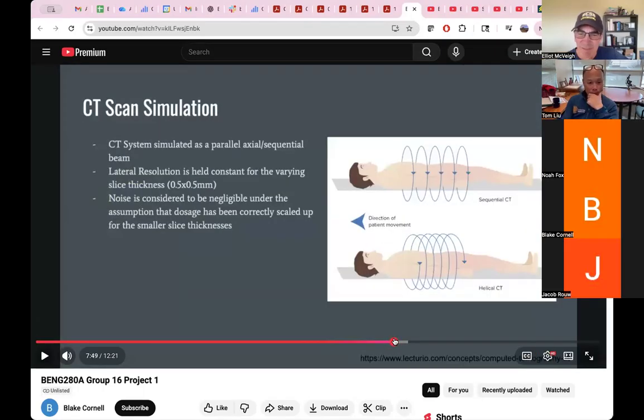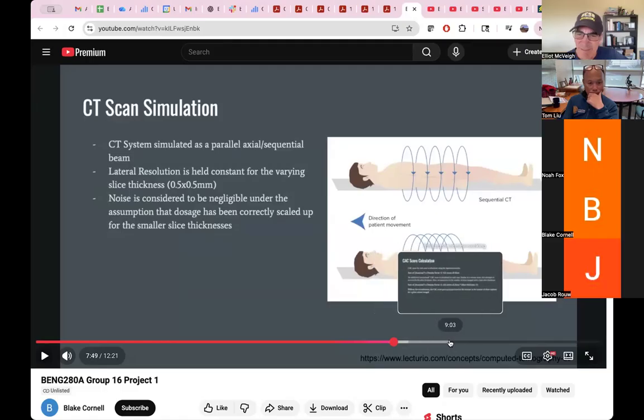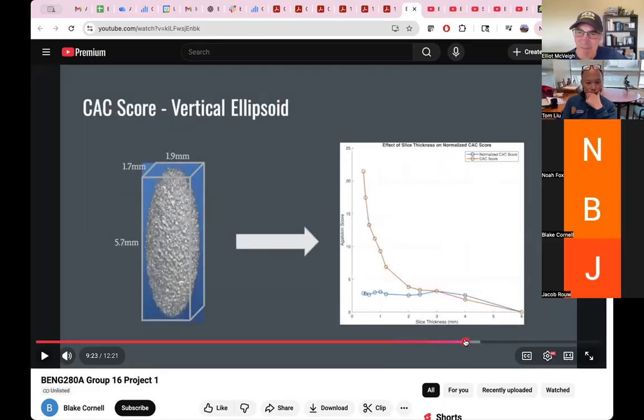Yeah, we had kind of struggled with how to implement these more sophisticated CT scan models. And I think the other group did some Gaussian blurring for the point spread function that we also considered for this as well.